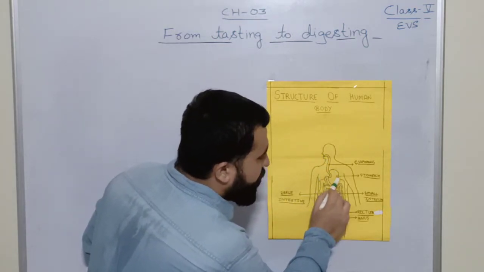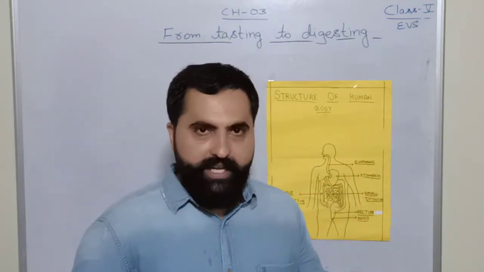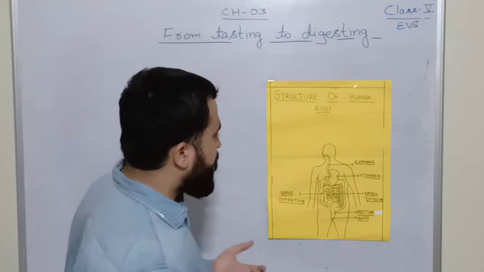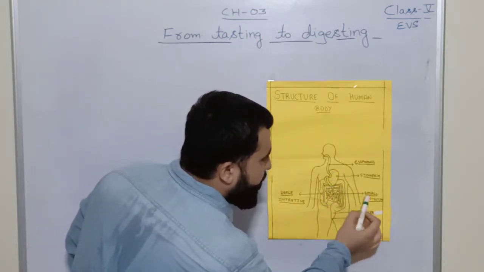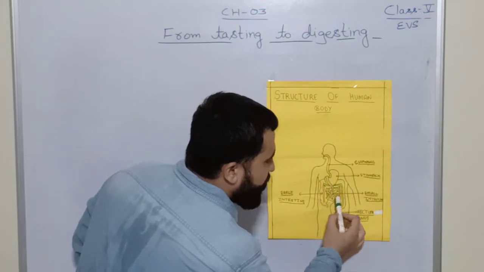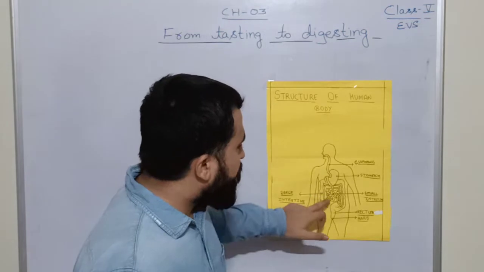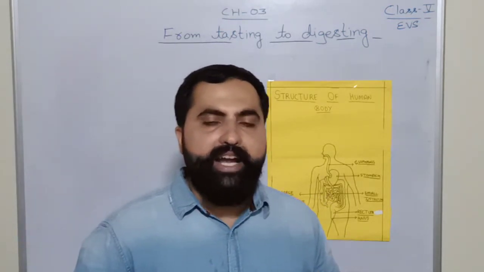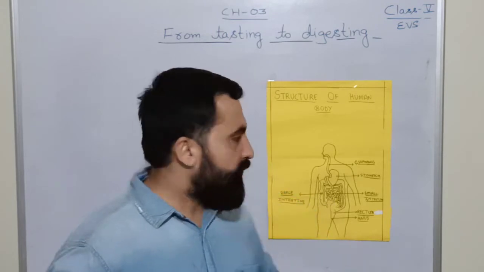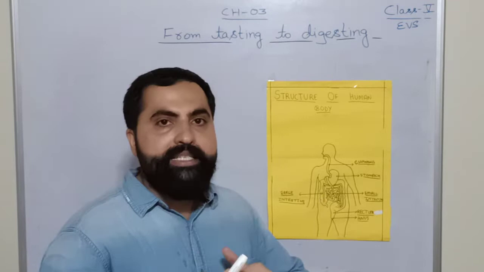In the stomach there is a digestive juice that starts the process of digestion. Then after the stomach, the food goes into the small intestine. The actual digestion process is completed in the small intestine. The small intestine absorbs the minerals of the food item, and the food dissolves in starch.